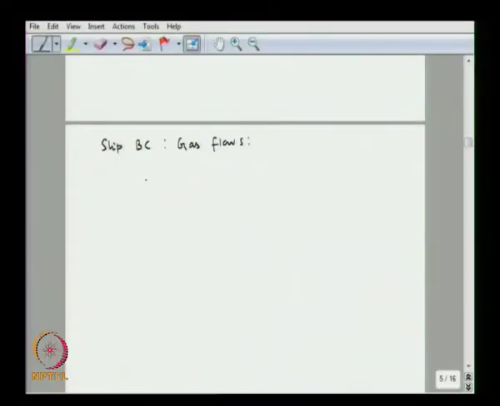So between 0.001 and 0.1 we need a theory to know what the value of slip is at the wall. So very well, for gas flows we know if Knudsen number is less than 0.001 then no slip is valid.